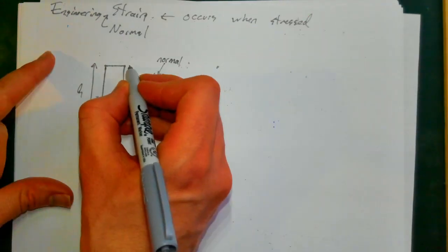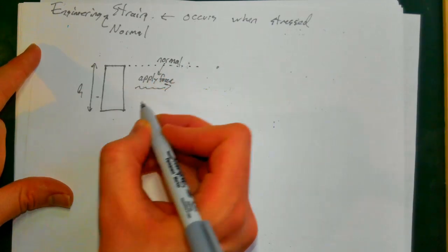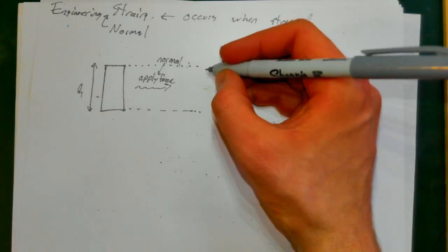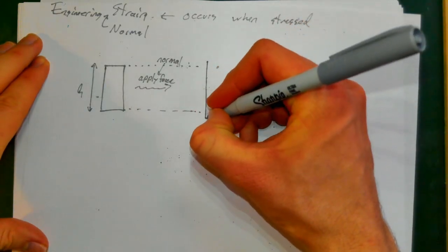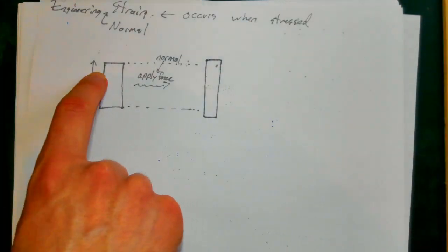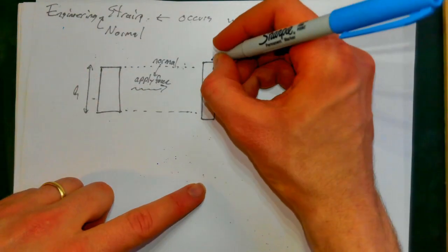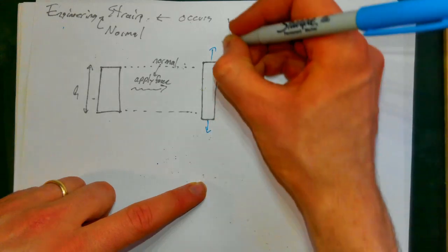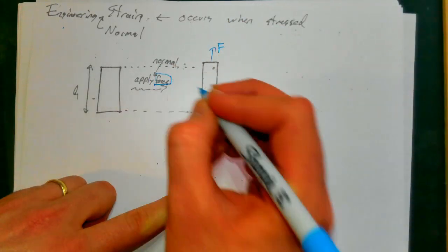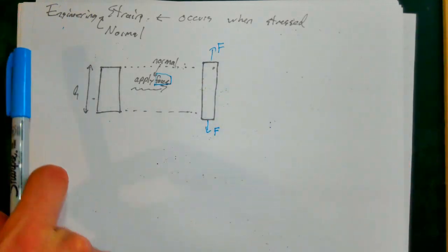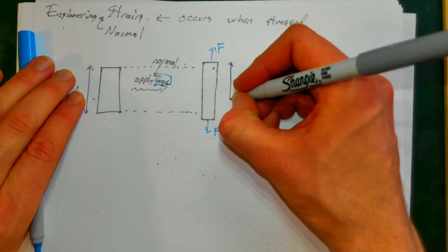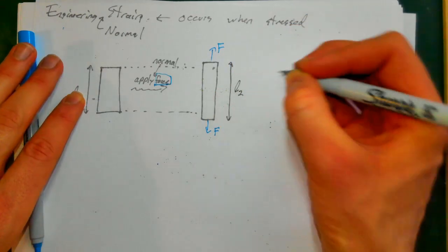Well, compared to its original length, the material gets a bit longer. So I have some original length, I apply some force, of course balanced forces, and now it gets longer. So it might have some length, let's say L2, after the deformation.